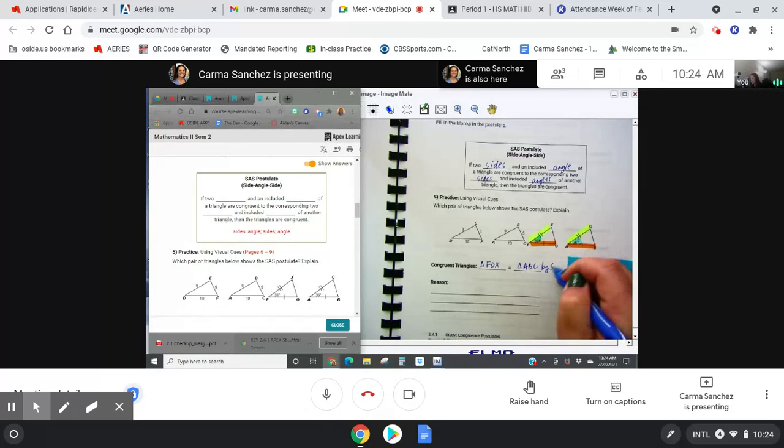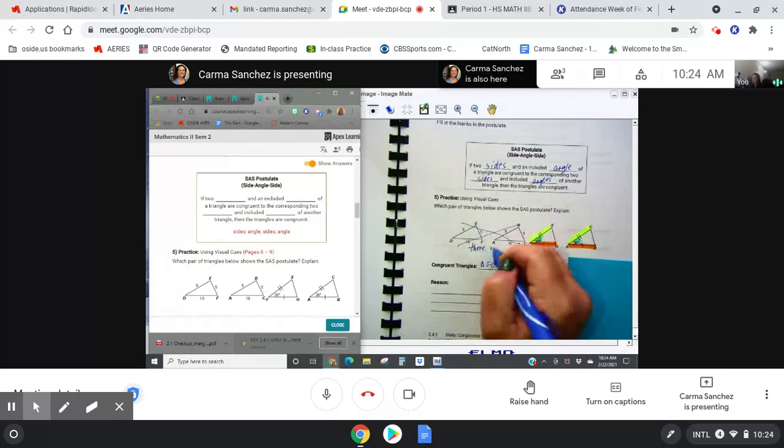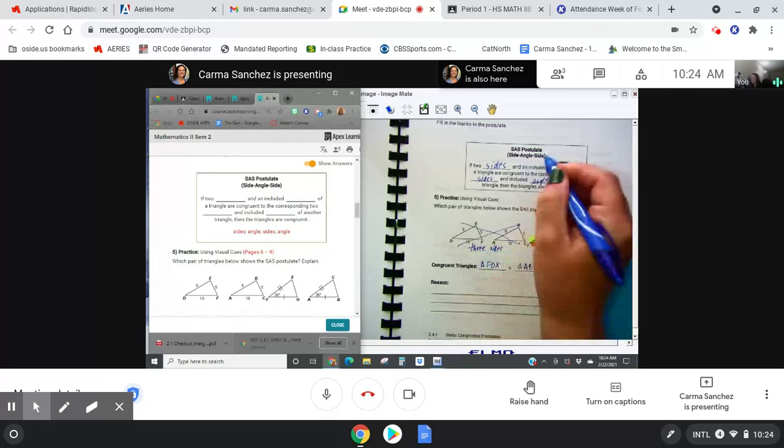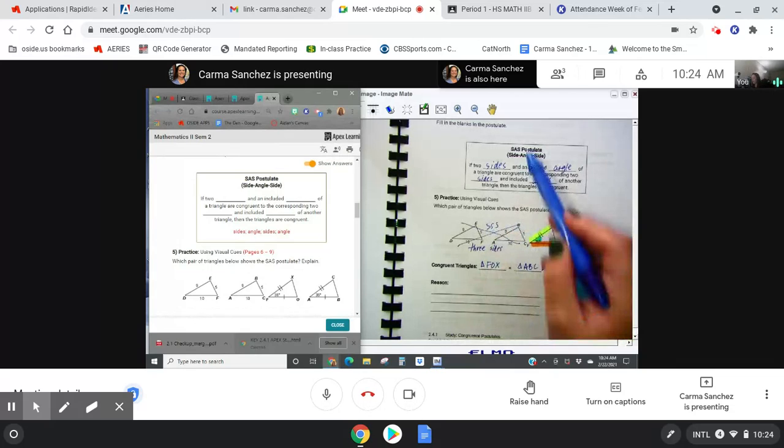Now, why is it these pairs of triangles and not these? Well, notice this has 3 sides. So these are not using side-angle-side because these are using side-side-side. These are the 2 that represent our new postulate.